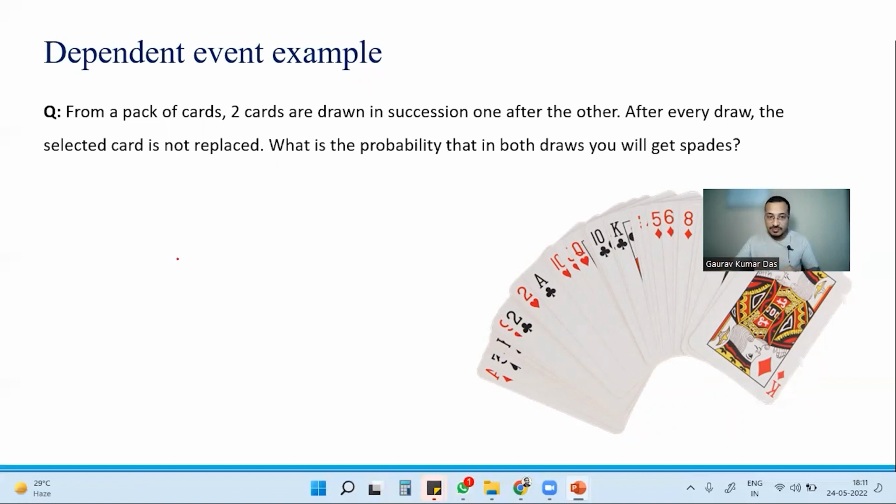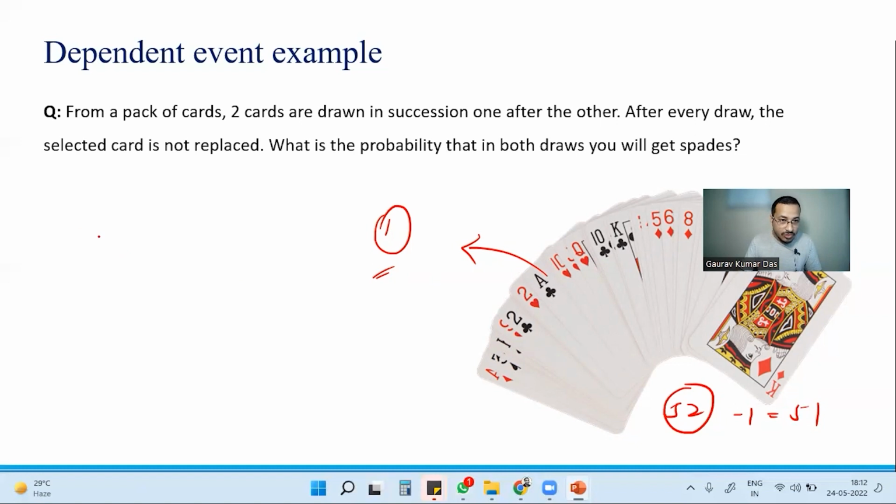Okay. So you have a deck of cards and you pull out one card. How many cards does a deck have? 52 total, right? Excluding the joker, which we do not consider in our game. So 52 cards, and once I draw one card out in the first experiment, I'll be left with 51 cards. So experiment A, experiment B. The event which I'm looking for is spades.